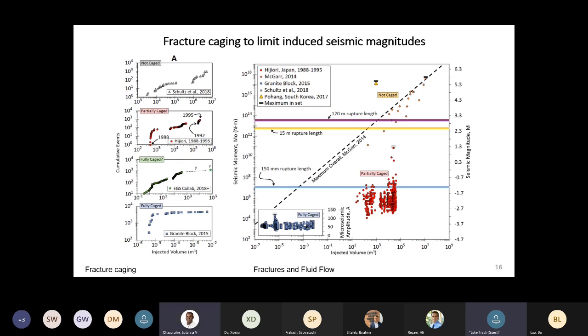And if you increase it too much, you can get seismicity. So in this case, with caging, it's better not to think too much about the pressure and more about the volume and the flow. Because what it's doing is not controlling the pressure, it's controlling the volume of the fracture that the fluid would be creating.